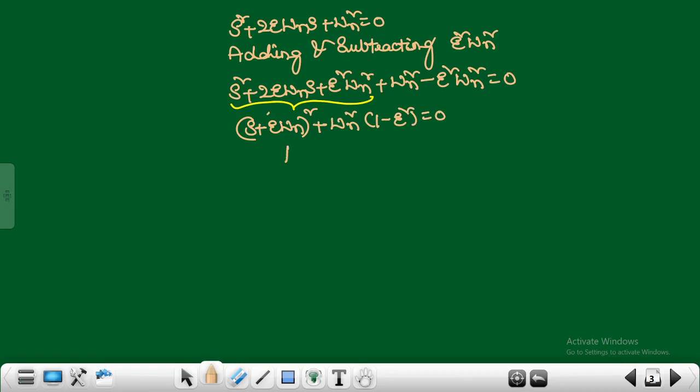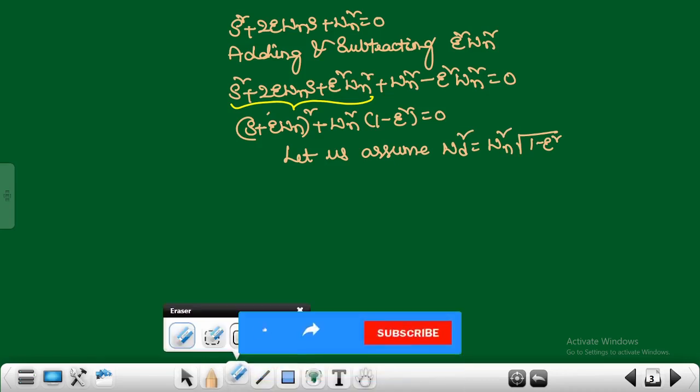Let us assume omega d is equal to omega n into under root of 1 minus zeta square. So here I am considering omega d square, which is actually omega n square into 1 minus zeta square.